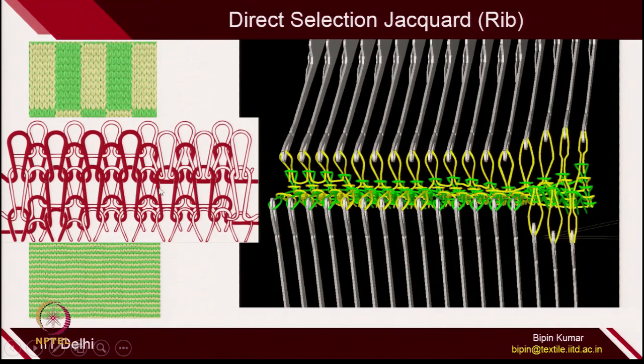Jacquard. So with this, if you want to see the visualization of this type of Jacquard, you can see it here. So here the red one is on the front side, this is visible, and this one is hidden on the back side, then visible, then hidden, visible, hidden, visible, hidden.